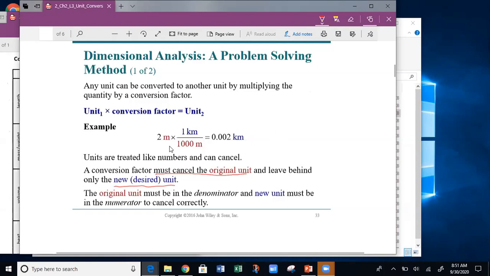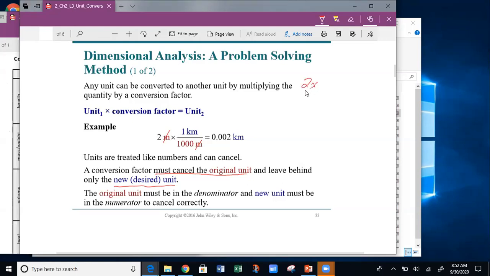So this is how a problem would be set up, converting meters to kilometers. What we can see is that the first unit that we have is meters, and in our first conversion factor, we put meters in the bottom because our goal is unit cancellation.